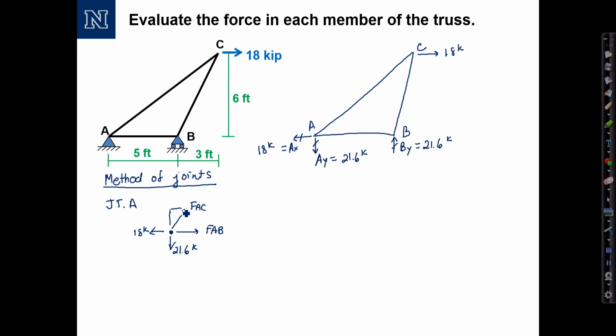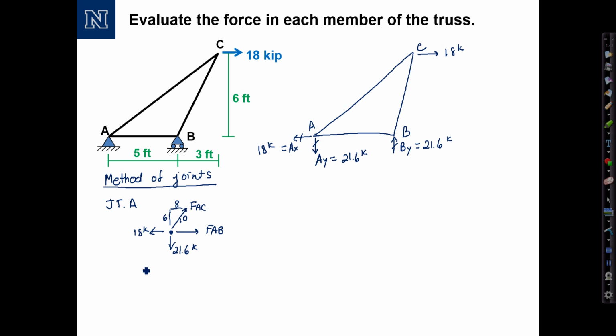By geometry, I can see the relative components of the force FAC. The height is equal to 6. The length is equal to 8, and I recognize this is a 3, 4, 5 triangle, so I know the length of the diagonal must be equal to 10. And that will help me easily decompose the components of that force.